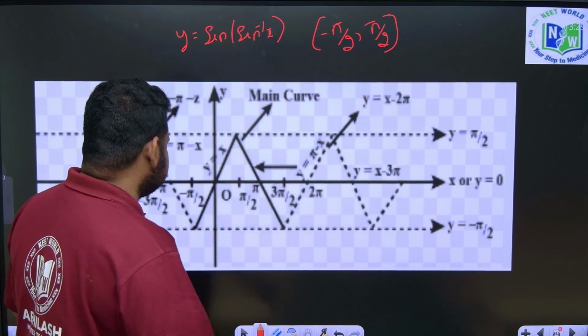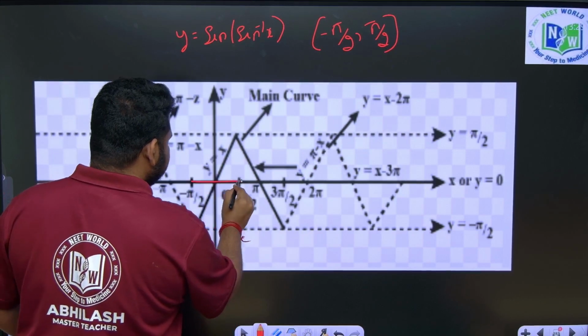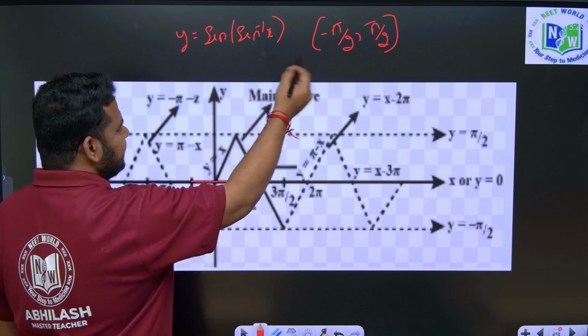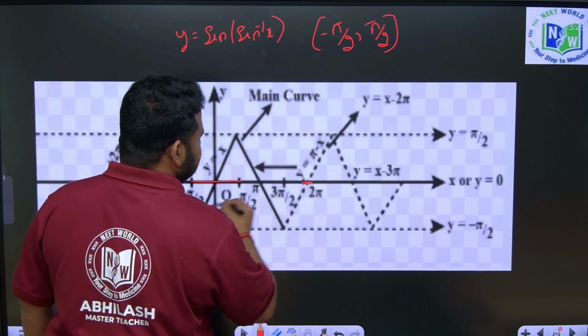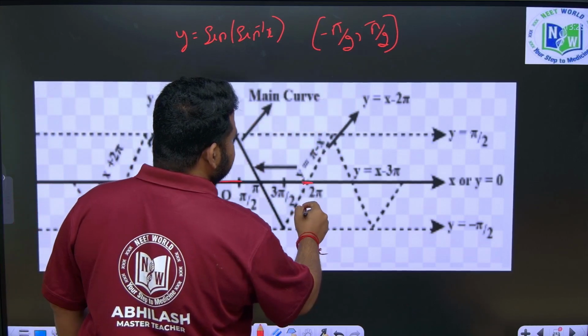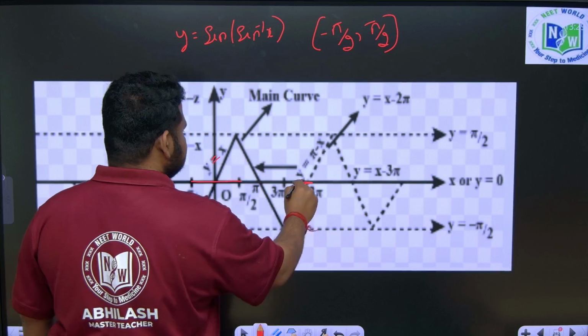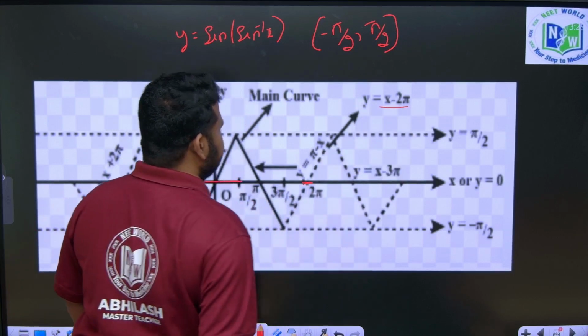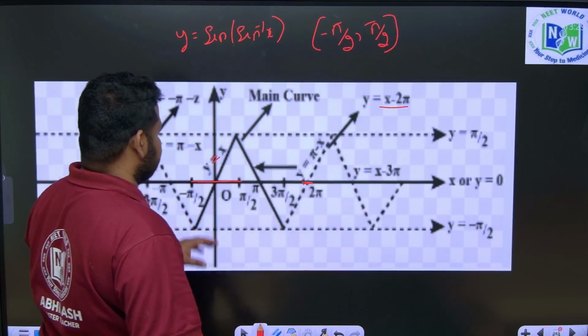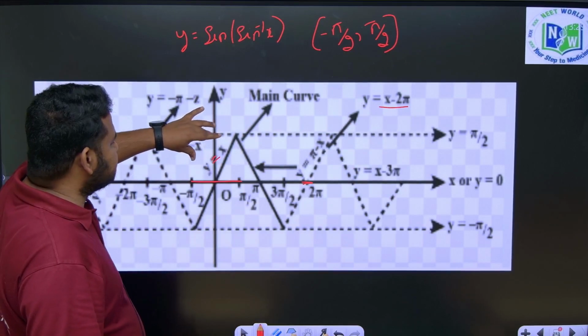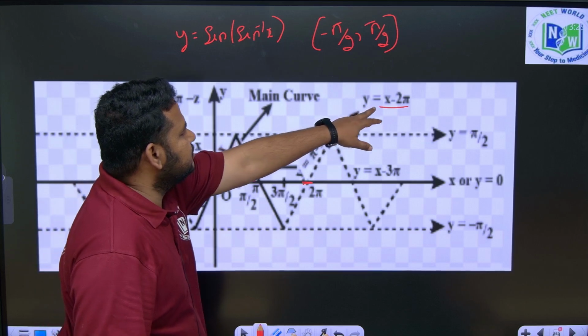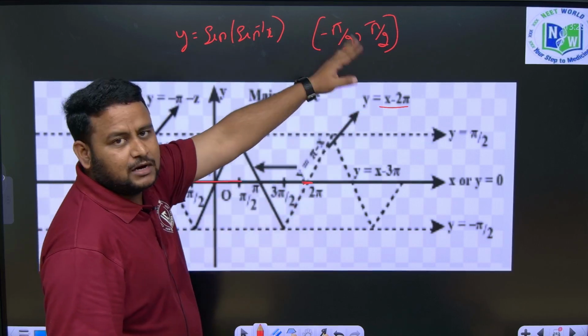That is, if it is lying between minus pi by 2 and plus pi by 2. Suppose it is lying outside, suppose it is lying at 2 pi. You think, so what will happen? In the principal value branch, the line is y is equal to x. Here it is y is equal to x minus 2 pi, if it is coming outside.